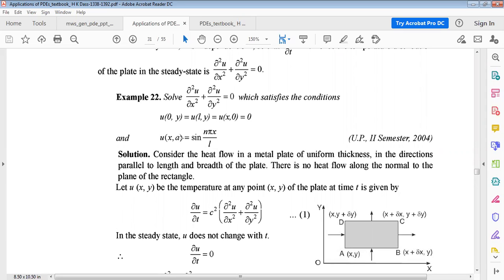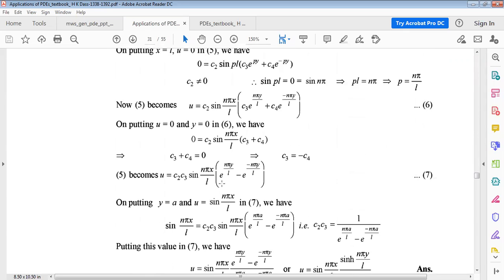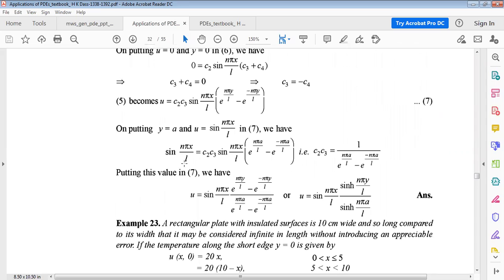So on putting y equals a, u equals this in equation 7, c2 c3 sin n pi x by L into e to the power y equals a. So c2 c3 will be 1 divided by this one.